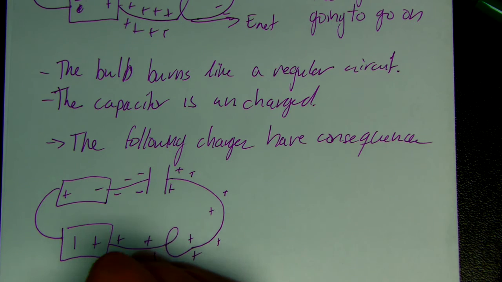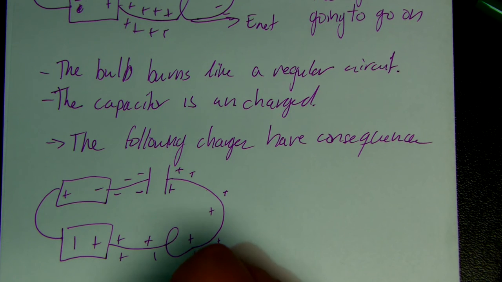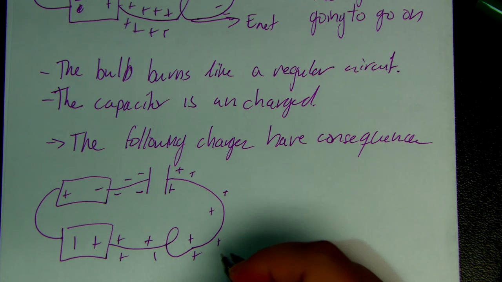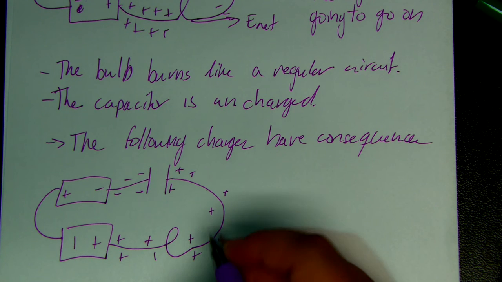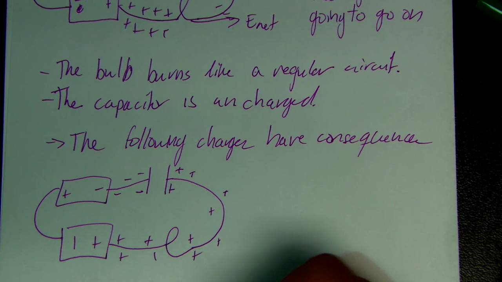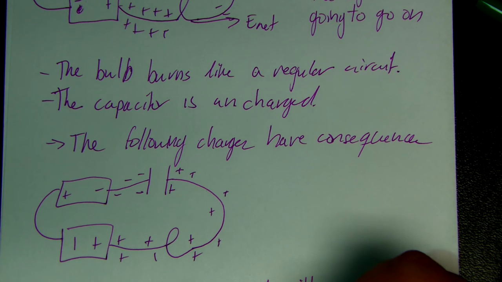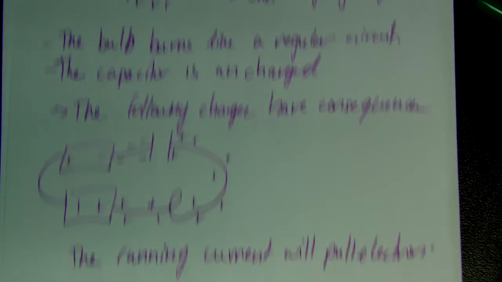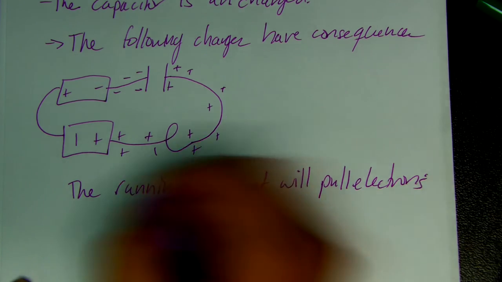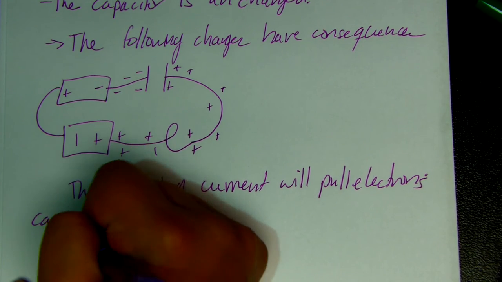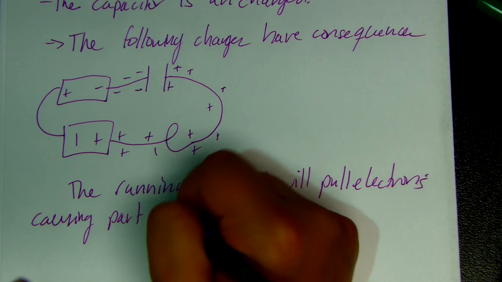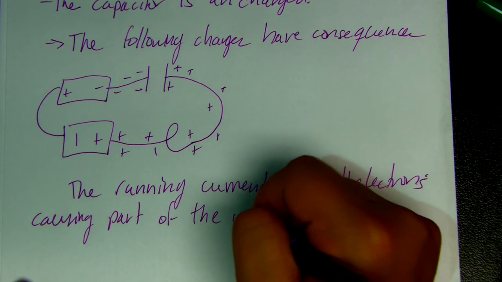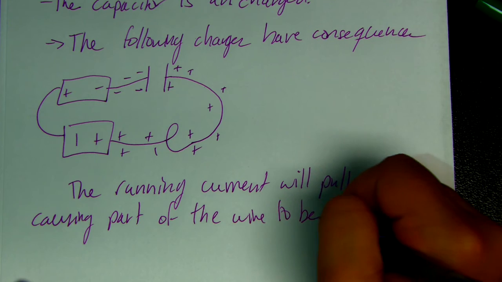And so the running current will pull electrons, causing part of the wire to become more positive.